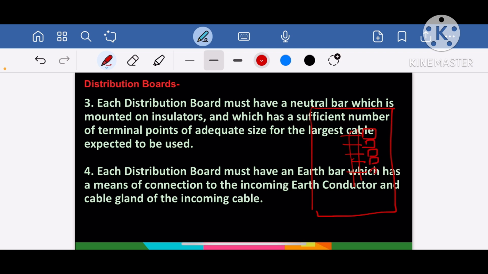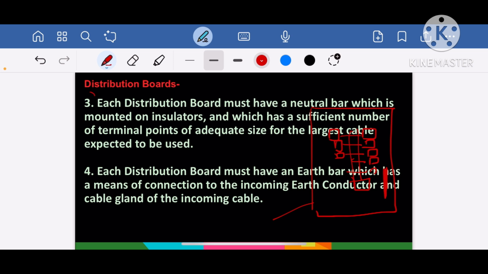I am talking about any distribution board, whether final, main, or sub-main. For any distribution board there will be a bus bar, outgoing breakers, an incoming breaker, and a neutral link.